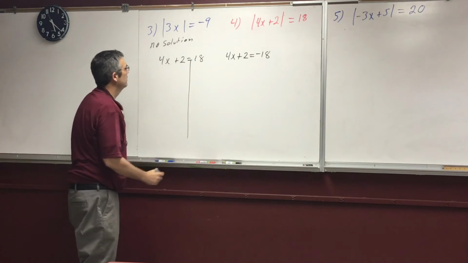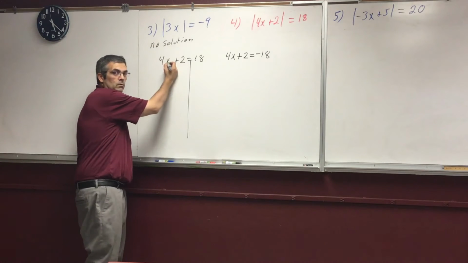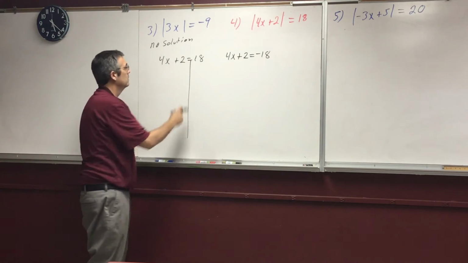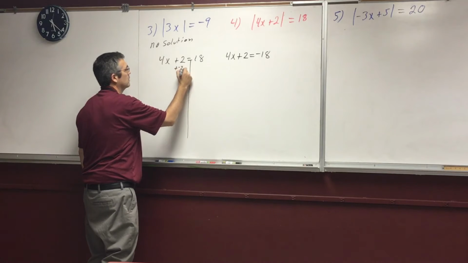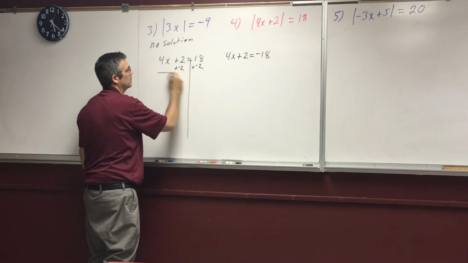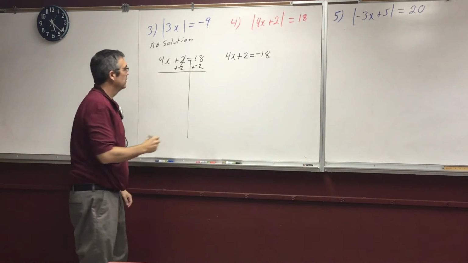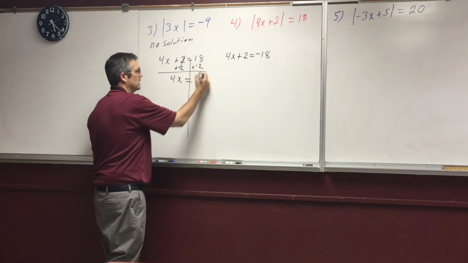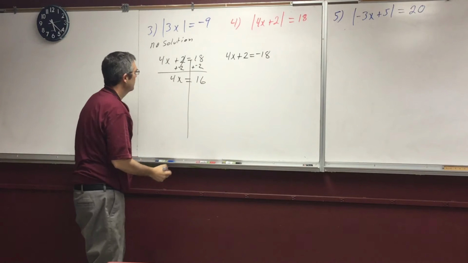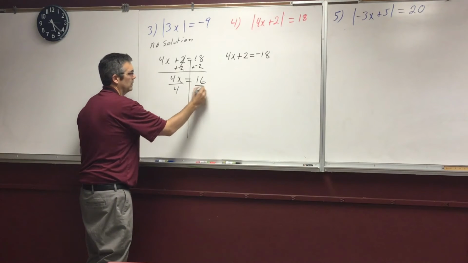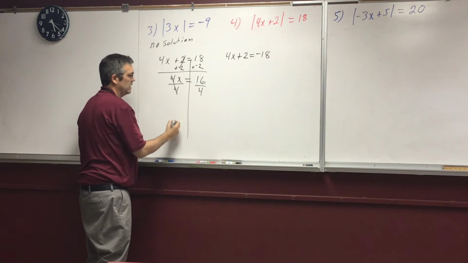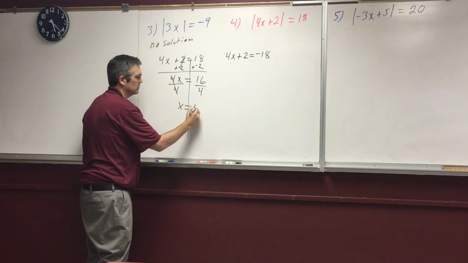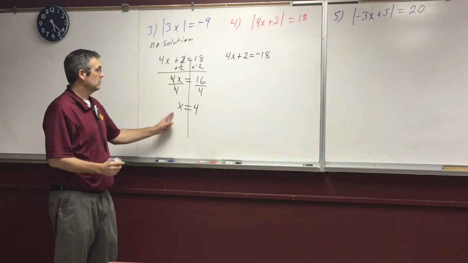Draw your line, locate your variable, do the thing that's furthest away, add the inverse. Cancels out, you get 4x equals 18 plus -2 gets you 16. Divide by 4, divide by 4, cancels out, x equals 4. There's one of our numbers.